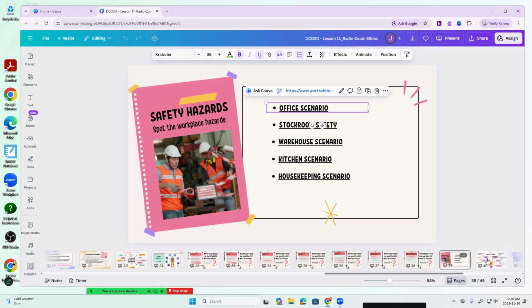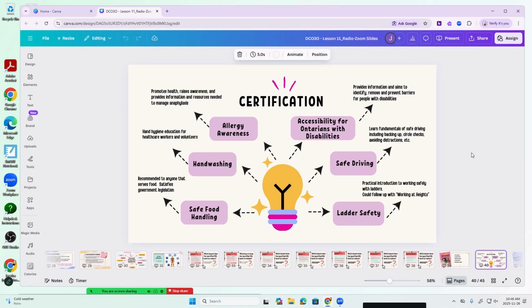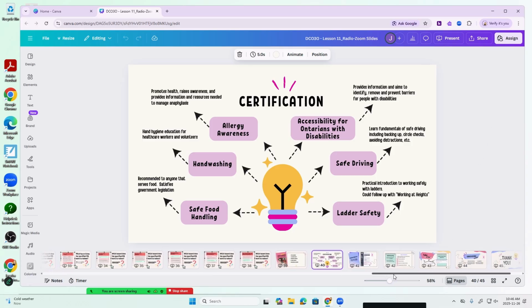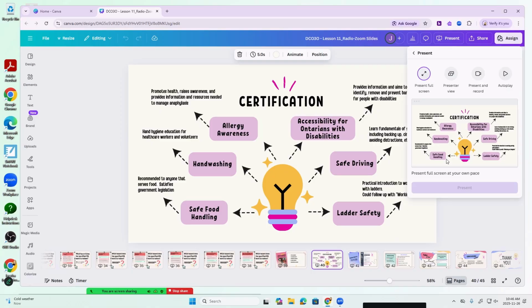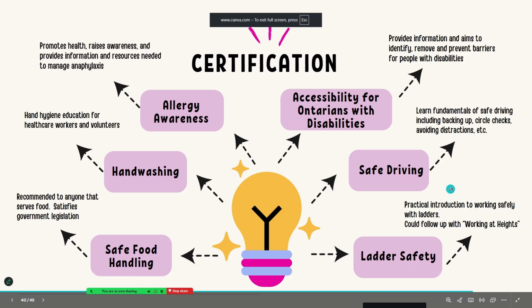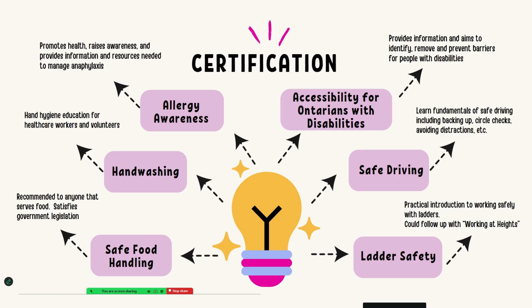We are going to wrap up with just talking about certification, that if you take any kind of training in the courses or the workplaces that you're in, feel free to save them and print them or include them in your final culminating digital portfolio.